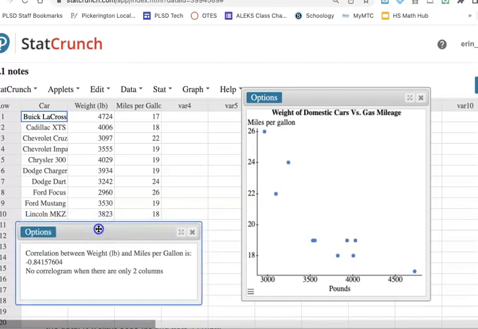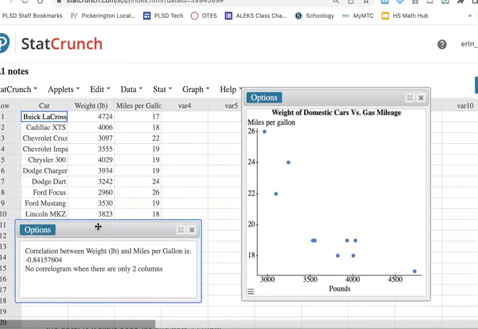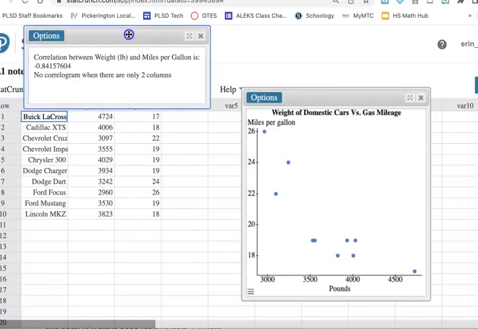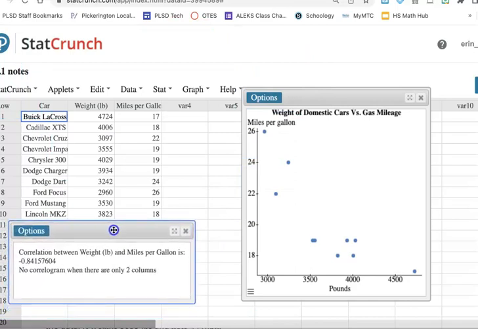And again, remember, when you are printing or screenshotting or whatever you're doing with stuff from StatCrunch, move these little windows around. Get them all in the same picture so that you don't have to work as hard. Here is my correlation coefficient. So I think usually we carry 4 decimal places on these. So we're going to say negative 0.8416.